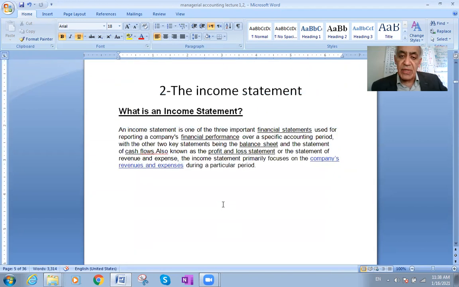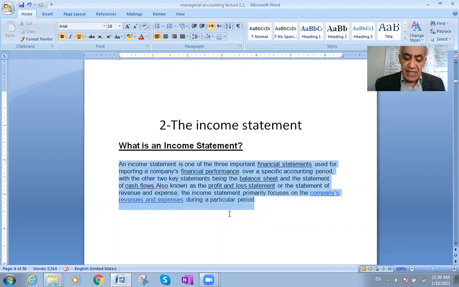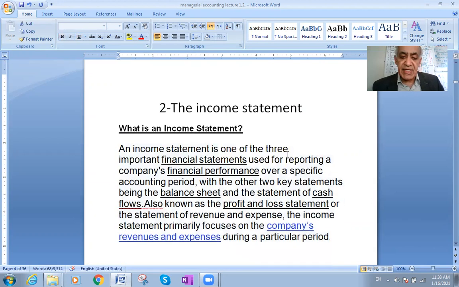That's why when I ask what the net income statement is, we say it is one of the three important financial statements used for reporting financial performance. It shows the financial performance because it shows me the net income for a specific period, with the other two key statements being the balance sheet and the statement of cash flow.